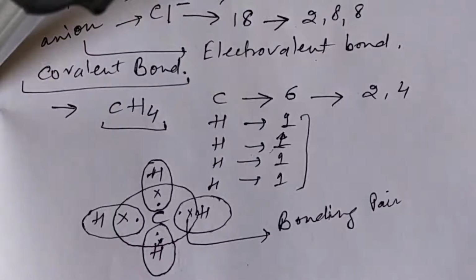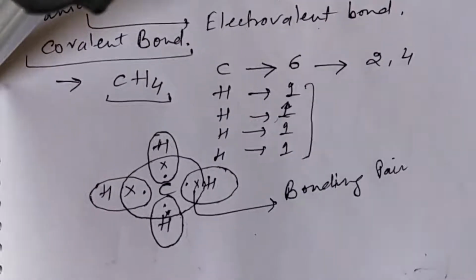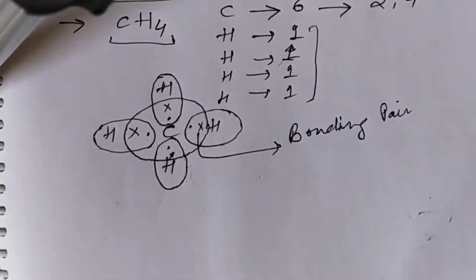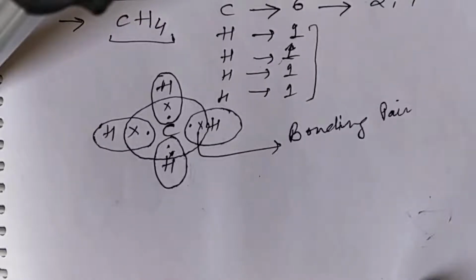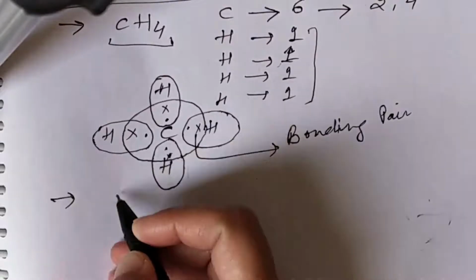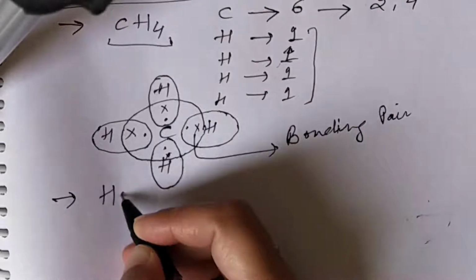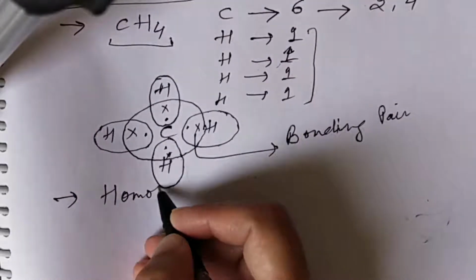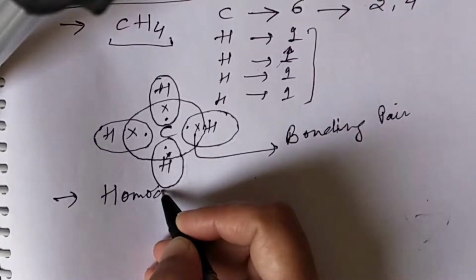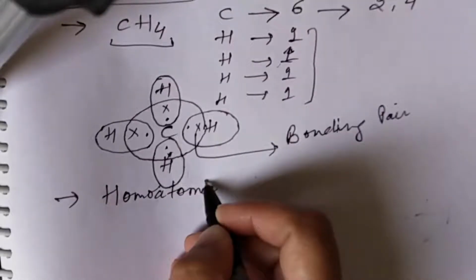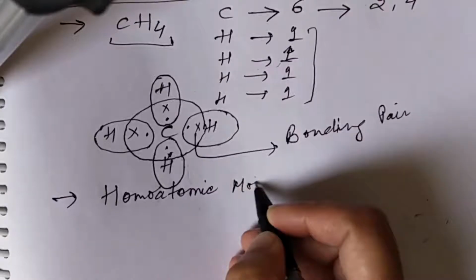Now we will try to discuss the covalent molecules in which the bonding atoms are the same. This means homoatomic molecules. What are homoatomic molecules?